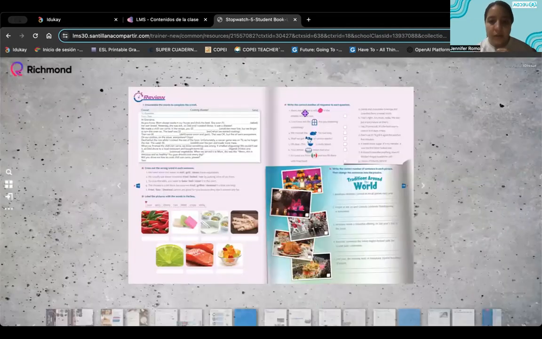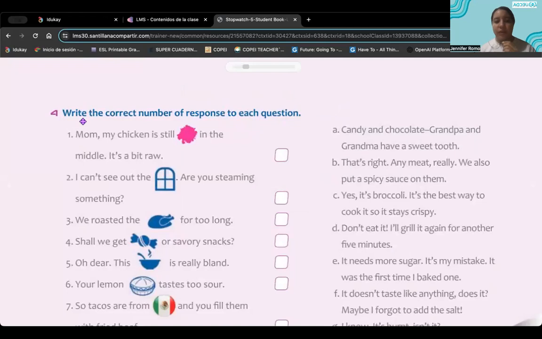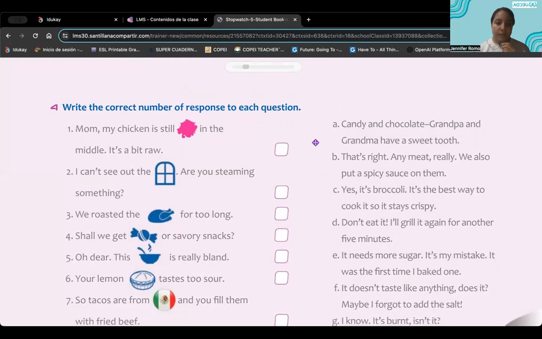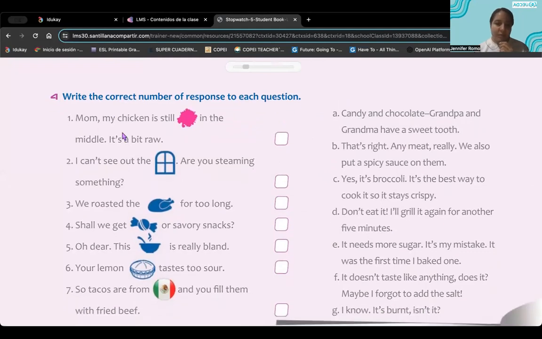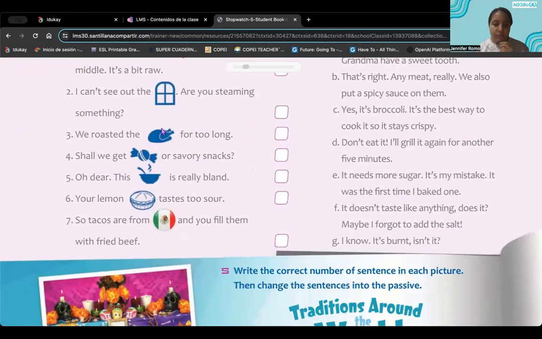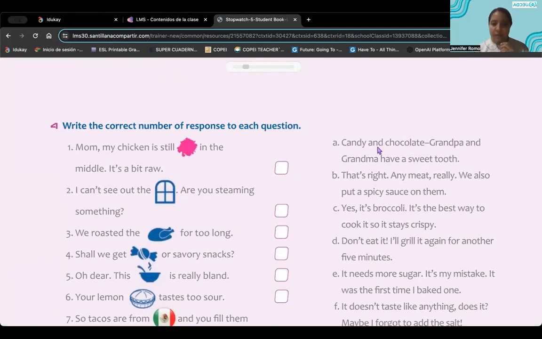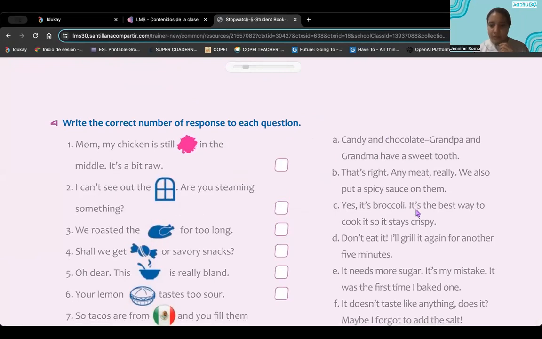And here we have to write the correct number of response to each question. Y se escribe el número correcto en respuesta a cada pregunta. For example, it says, number 1, Mom, my chicken is still in the middle. It's a bit raw. And then we have all this.